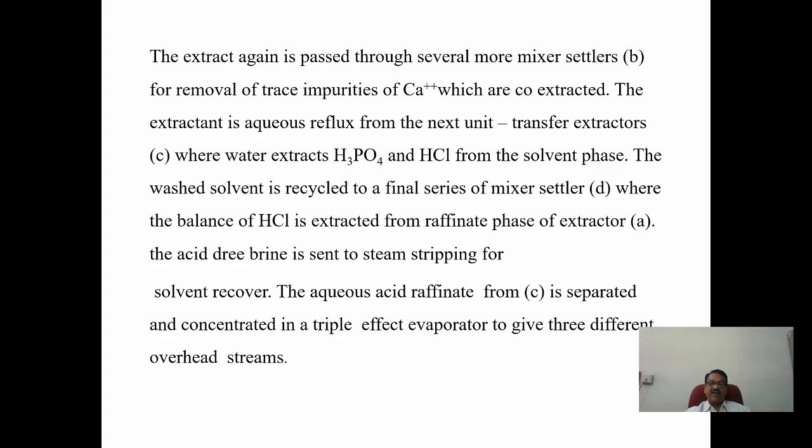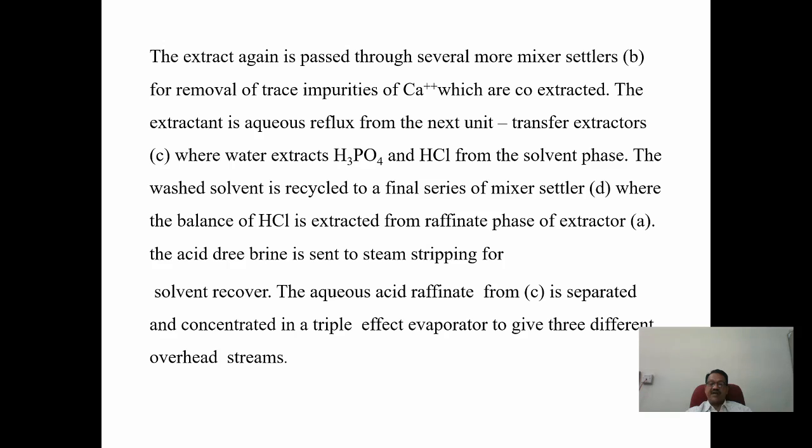The washed solvent is recycled to a final series of mixer settlers D, where the balance of HCl is extracted from the raffinate phase of extractor A. The acid-free brine is sent to steam stripping for solvent recovery.